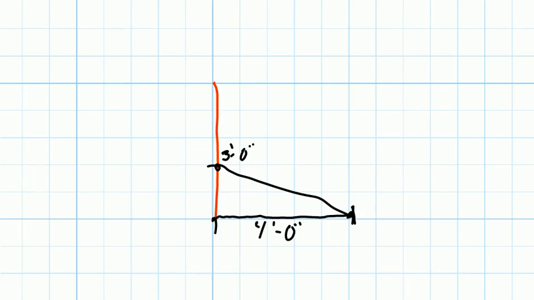On this line here, your tape measure will read 5 feet 0 inches. So again, your tape, 5 feet 0 inches. The foot of your tape will be up here, and the other foot of your tape will be up here. So you'll need 2 tape measures to do this.